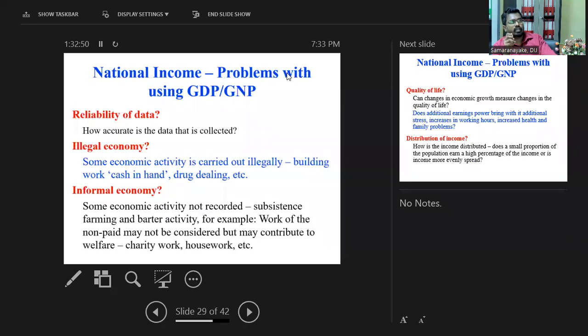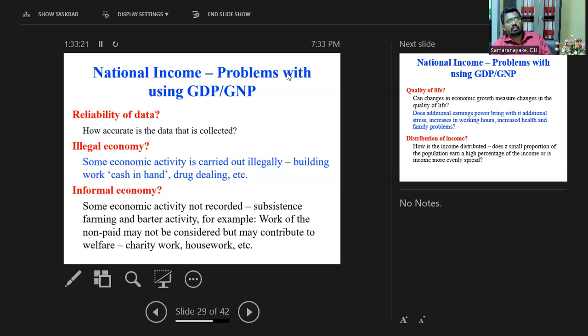However, why is this not the best dimension to say about development always? Because even if we go through the standard way of measuring economic growth, using GDP, GNP, we have problems with the reliability of data, isn't it? We need to question how accurate the data that is collected is. Fairly, I will ask that question, and you can ask that question too.